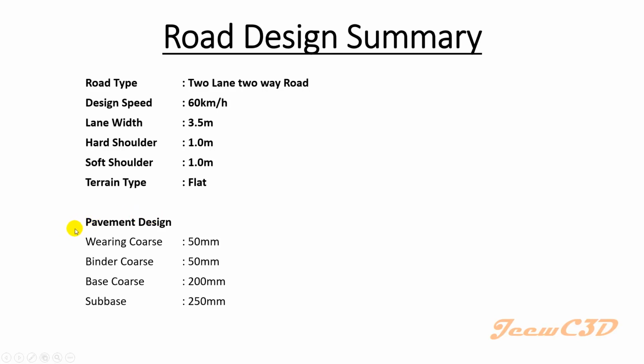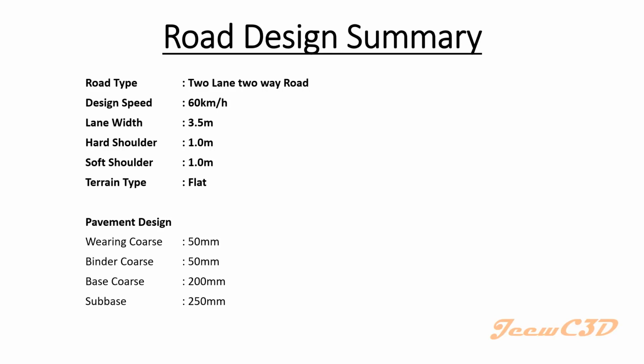You need this pavement design value. It is given as bearing course 50 mm, binder course 50 mm, base course 200 mm and sub base course 250 mm. We will use this data later in the Civil 3D video.